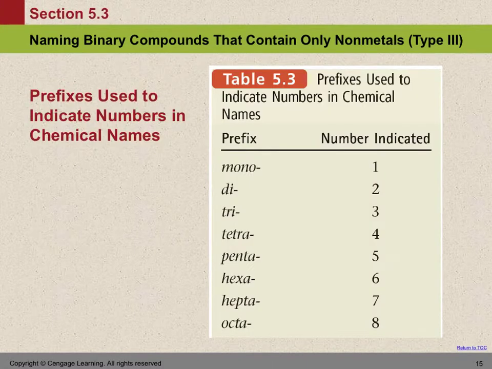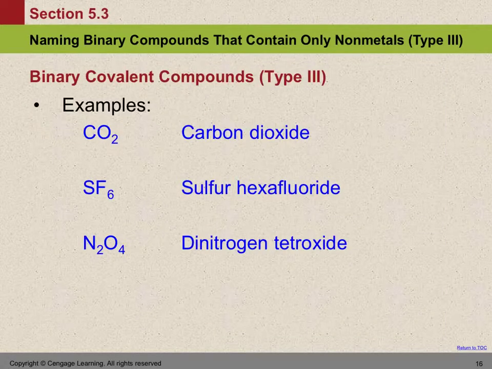So this is a list of prefixes that you need to know. So we have mono, di, tri, tetra, penta, hexa, hepta, and octa. So all these will indicate how many of that specific element are in the compound. So these are 3 examples here. We have carbon dioxide, CO2.